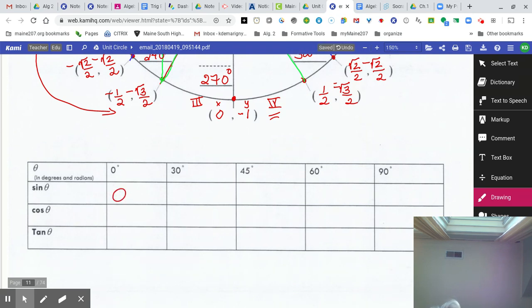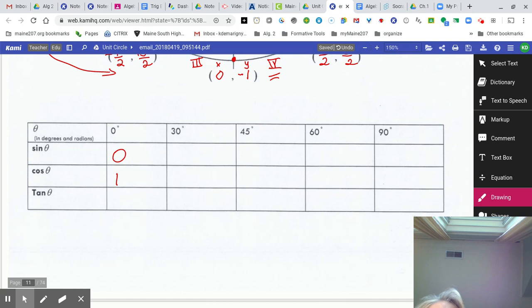The cosine of 0 degrees, remember, is 1. Now the tan of 0 degrees, remember, it was the y over the x. So it was 0/1, and 0/1 would give you a 0.